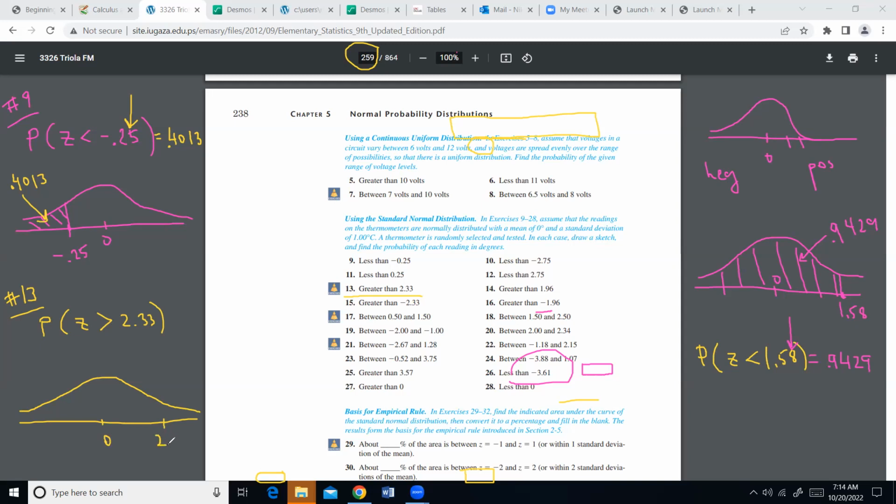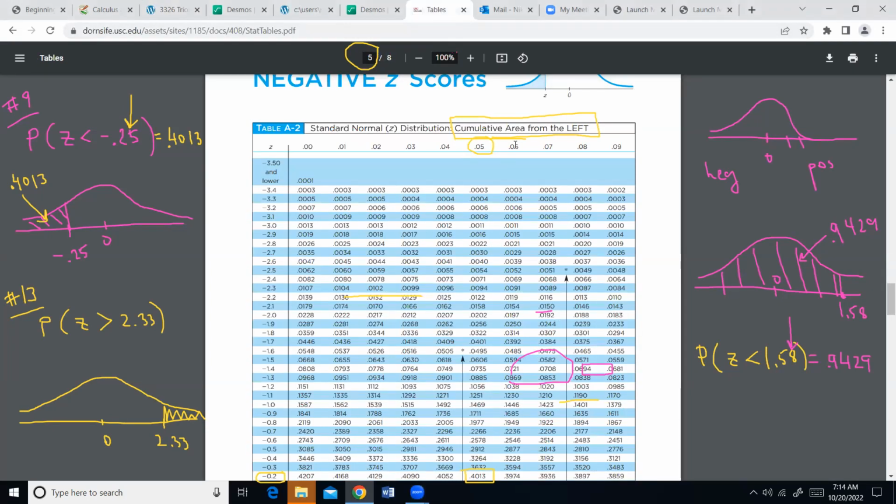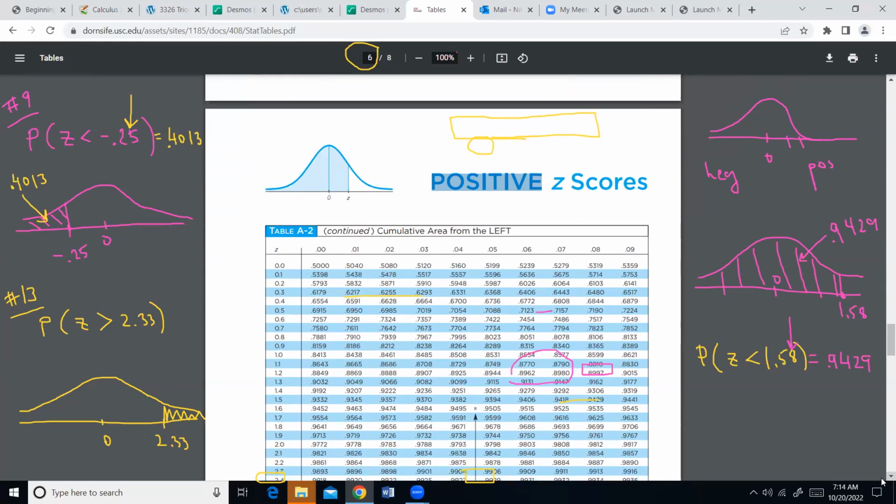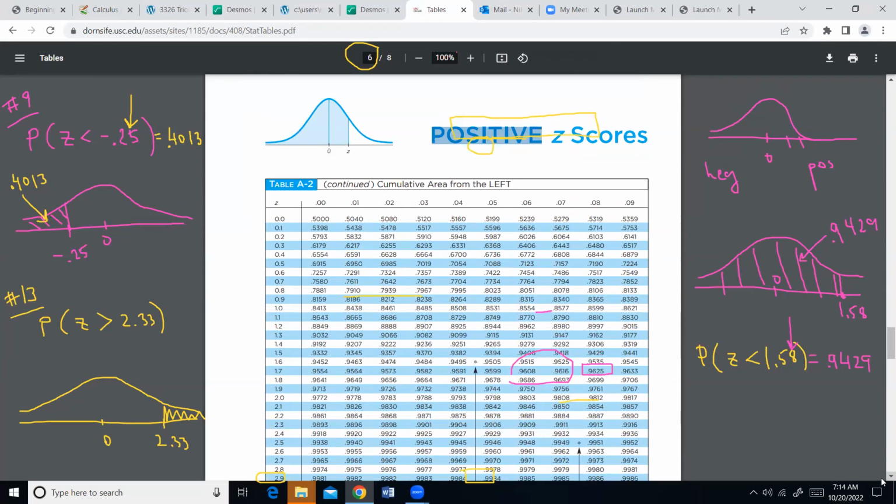Well, 2.33 is bigger than 0, so it is to the right. And I need to get the area of that so-called tail. People call it a tail. So I'm going to be dealing with the tables and looking at positive z-scores now. So again, I scroll down, go to these positive z-scores.